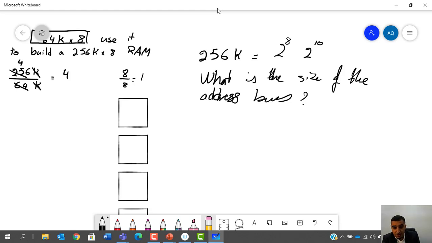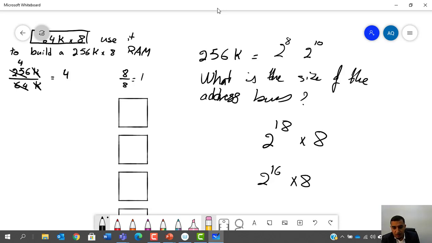Right? So the size of the address bus over here is 18. It is 2 to the power 18 by 8. And the building block is 2 to the power 16 by 8. Why 16? Because 64 is 2 to the power 16, and 18 because 256 is 2 to the power 18.